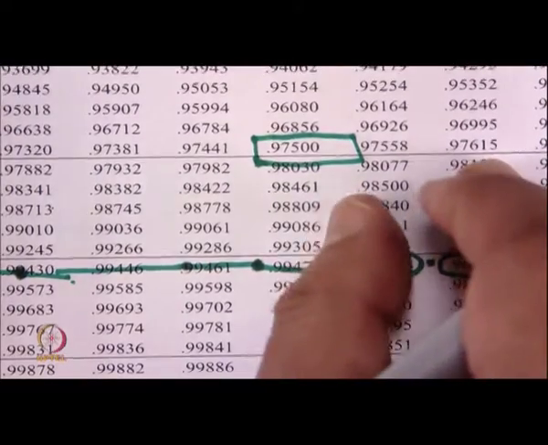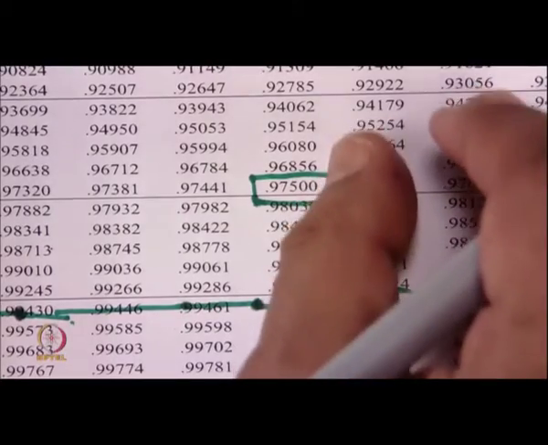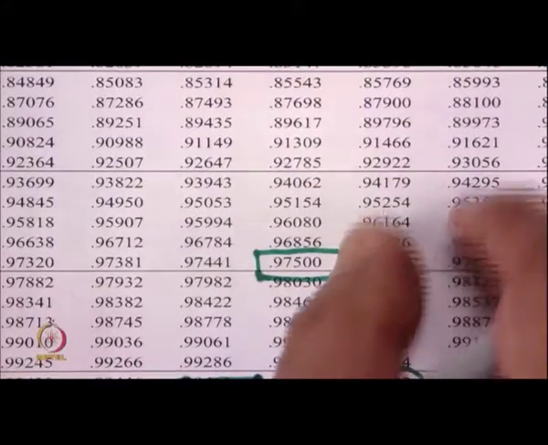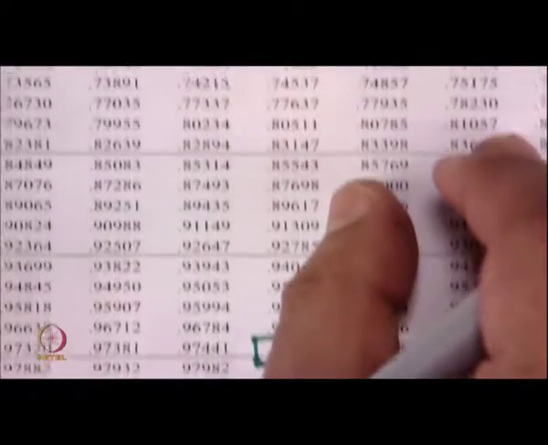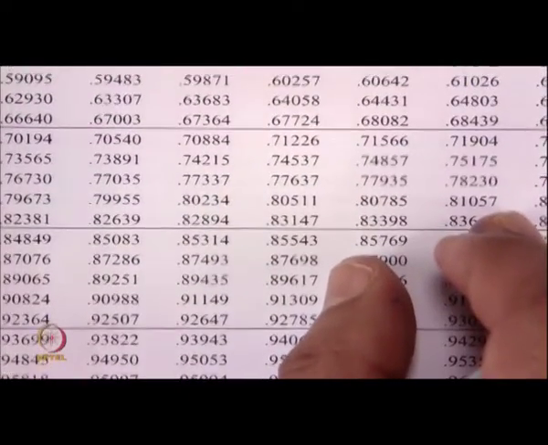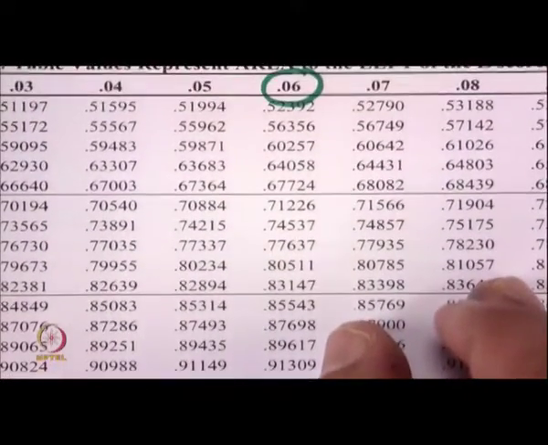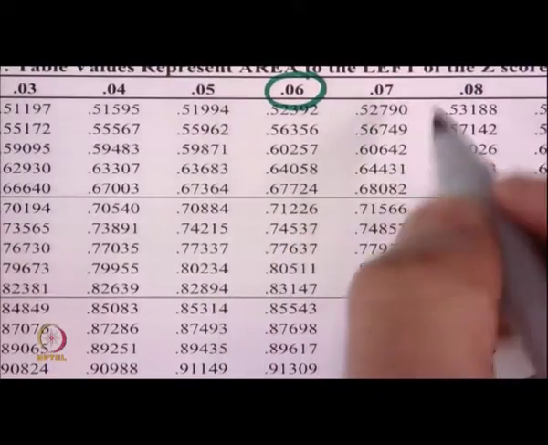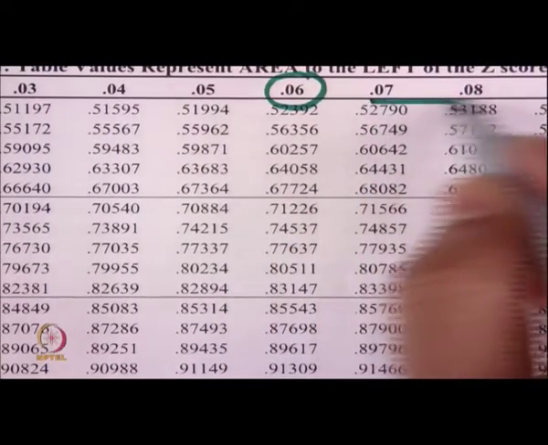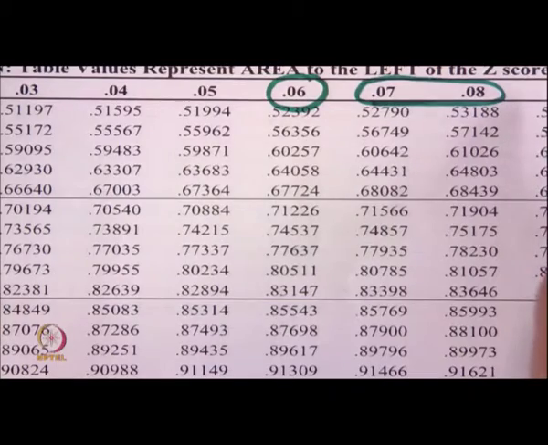So, if we go above, we can find the values along this column are 0.7 and 0.8.